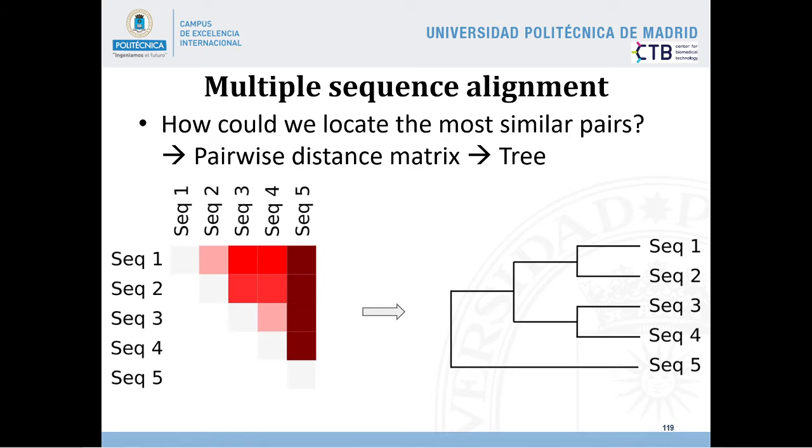Here, the tree that we obtain from that matrix can serve us as a guide for the alignment order. Once we have this matrix, we can determine the hierarchical relationship between the sequences, which are the closest pairs, and how those pairs are related and so on.